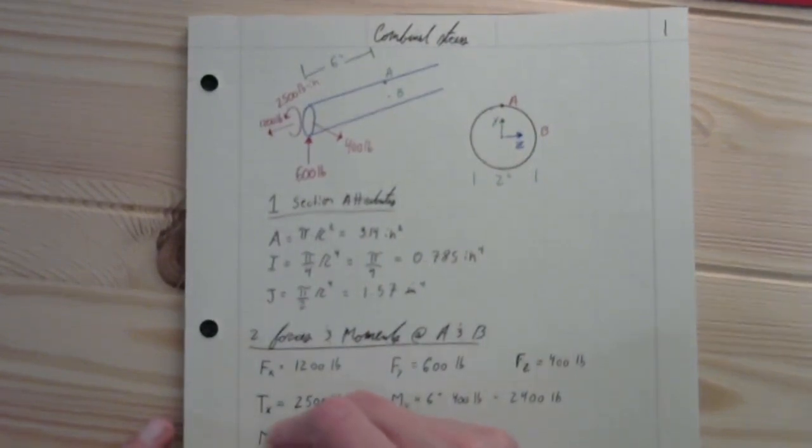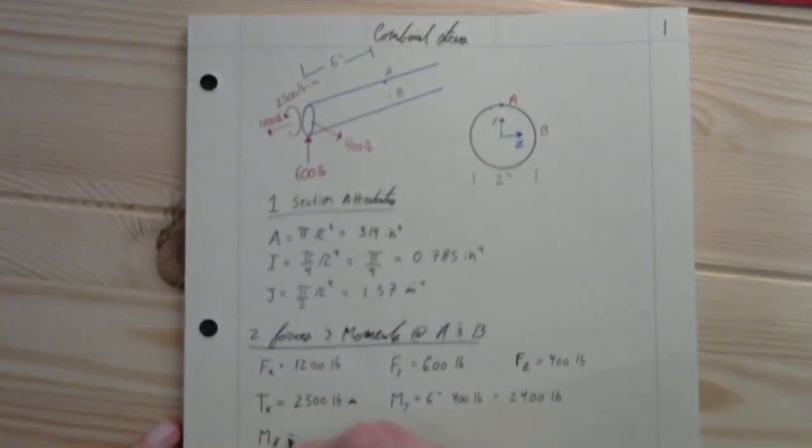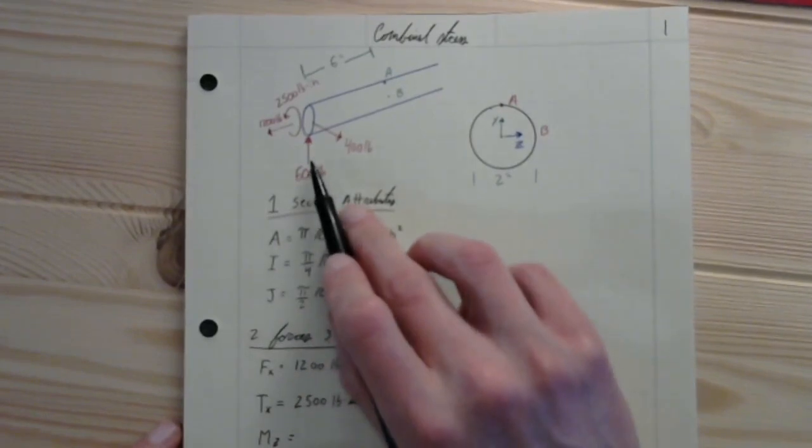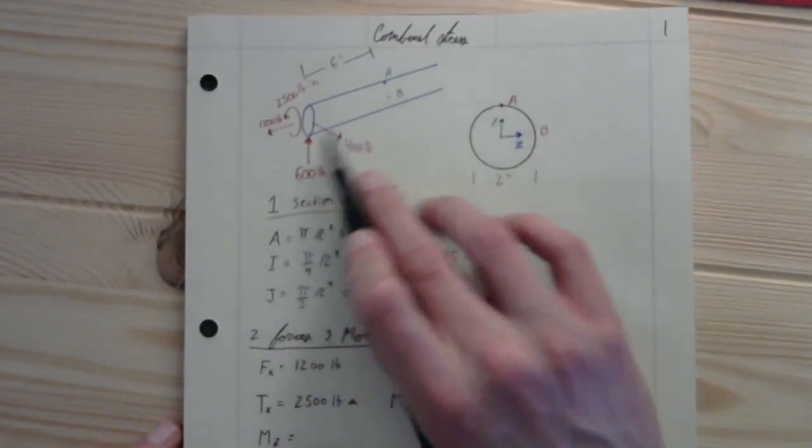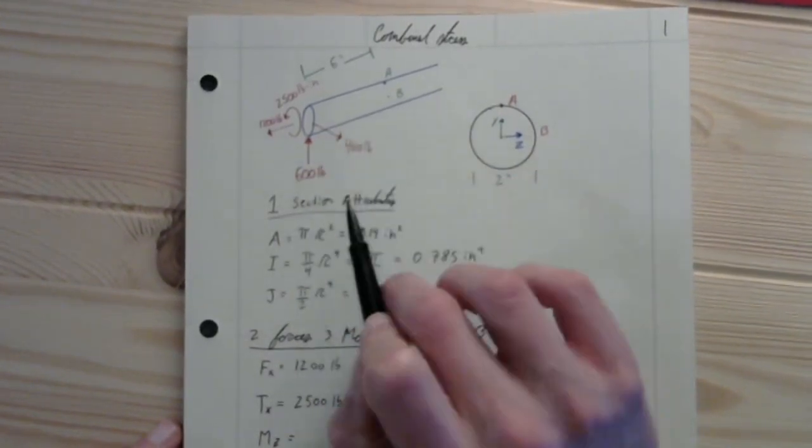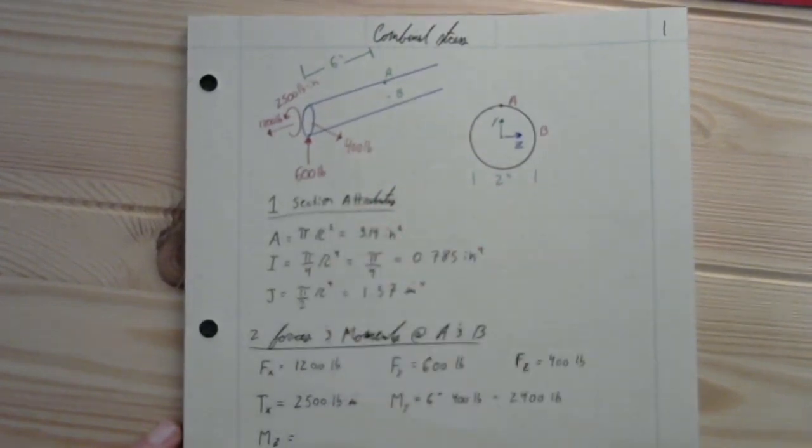Now, the moment about the z-axis is going to be caused by this force in the y direction. Again, we have a lever arm in the x direction, and so if we're going to get a moment about the z-axis, we had better have a force in the y direction.